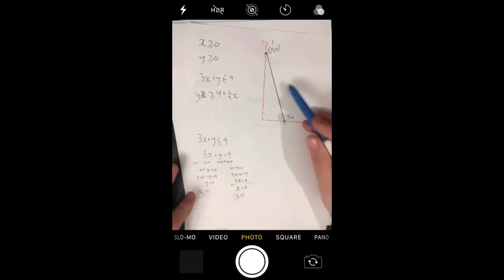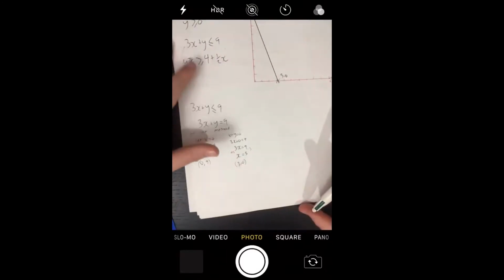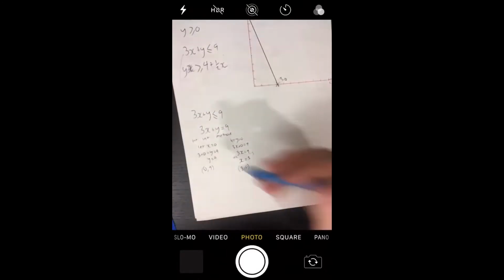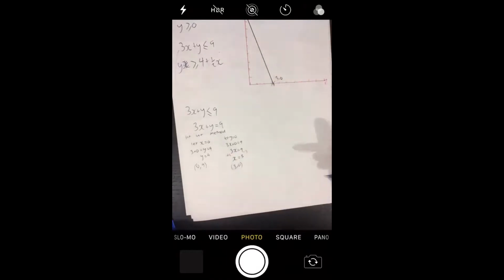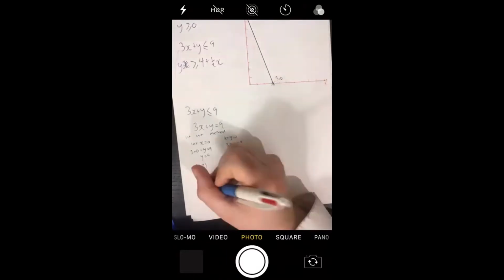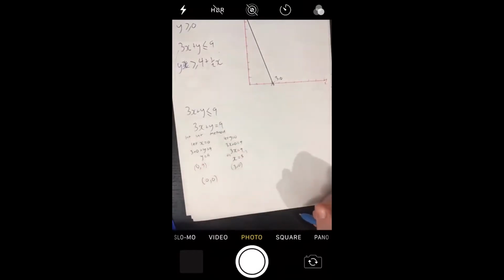Now, which side is the good side and which side is the dark side? We can choose any point to test, well, any point that's not on the line. So I'm going to choose 0, 0, because it's just an easy point to choose. The only time you should not choose 0, 0 is if the line goes through 0, 0.